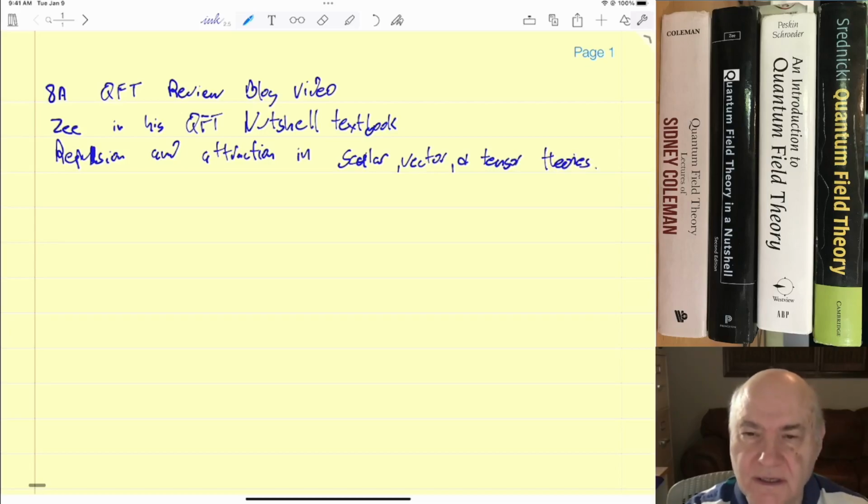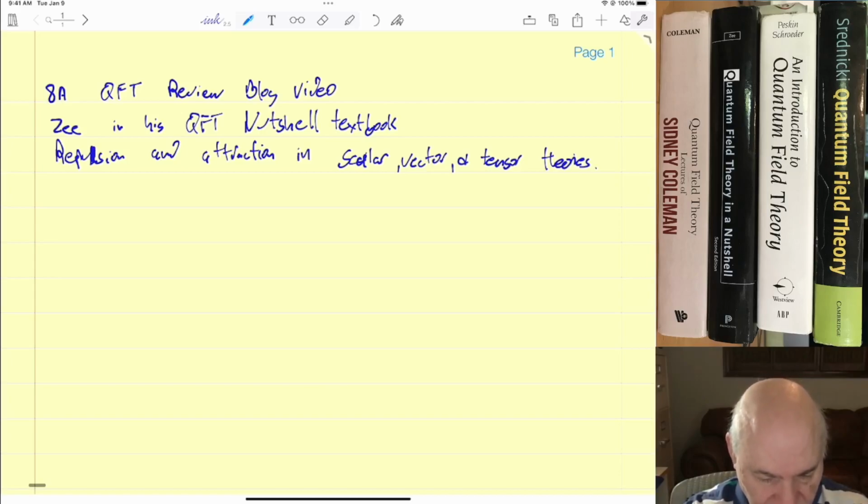So basically, we're trying to show how QFT explains why scalar particles are attractive, why like particles in a vector theory like electromagnetism repel each other, and like particles in a tensor theory like gravity attract each other.